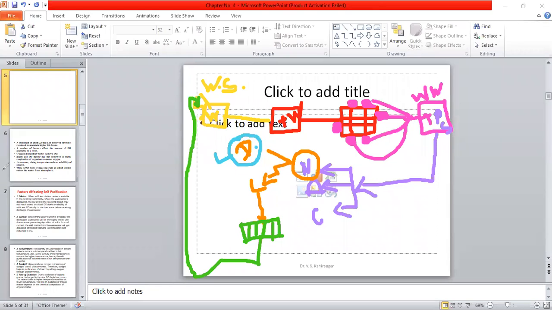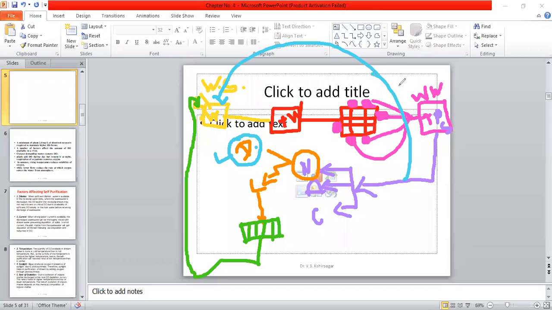And what should be the dilution factor, we discussed in the last lecture. Again and again I am trying to tell you that whatever treated effluent the wastewater generates, we cannot use this treated effluent directly as the source of raw water for water supply.